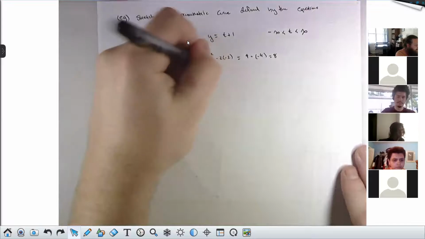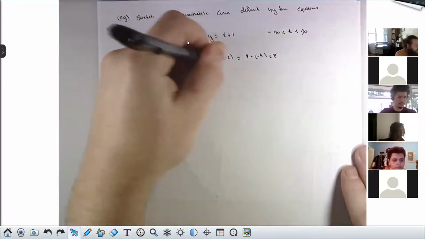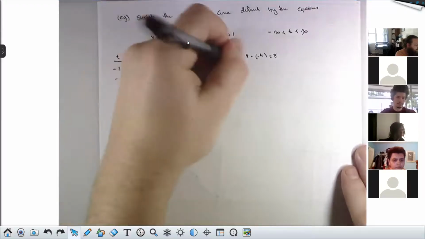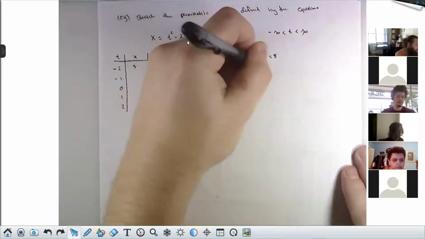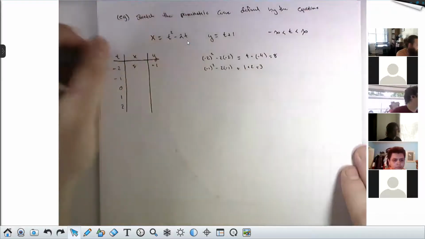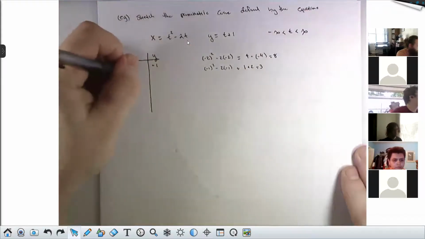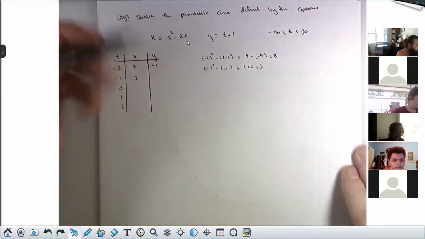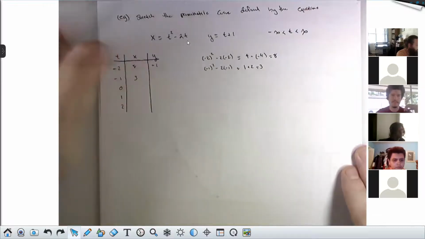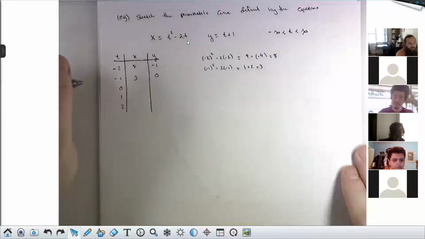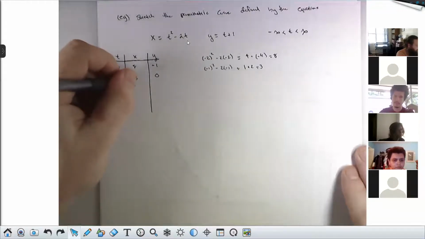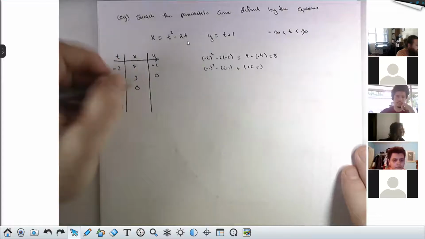When t is -1, we have -1 squared minus 2 times -1, which is 1 plus 2, which is 3. So when t is -1, x is equal to 3, and y would be -1 plus 1, which is 0. When t is 0, x is 0 squared minus 2 times 0, which is 0, and y would be 1.